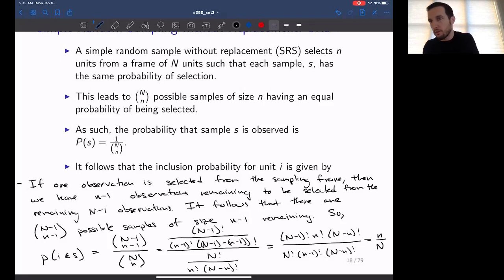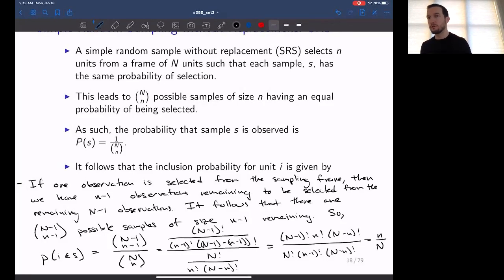So it turns out that through this particular derivation, we can show that the probability of observing observation i in the sample, so that is observing any of the observations from the frame in the sample, is simply little n divided by capital N. Okay.